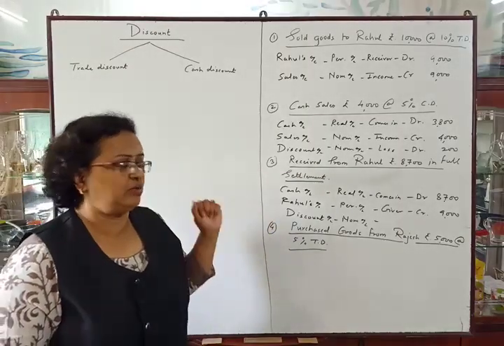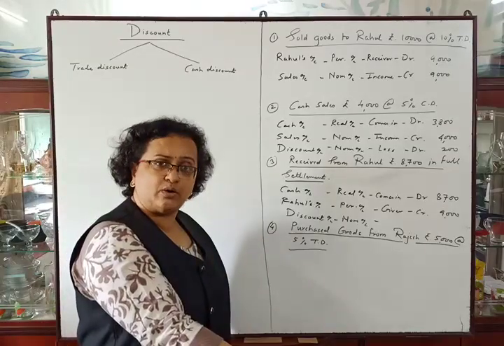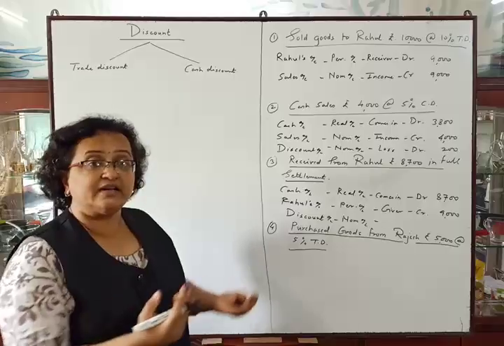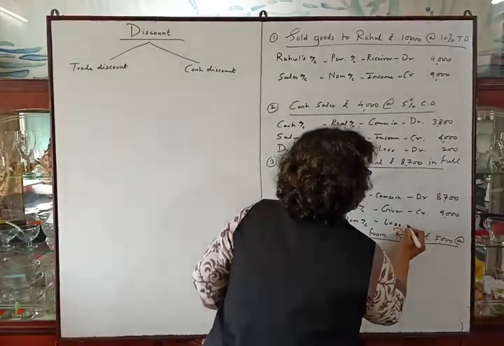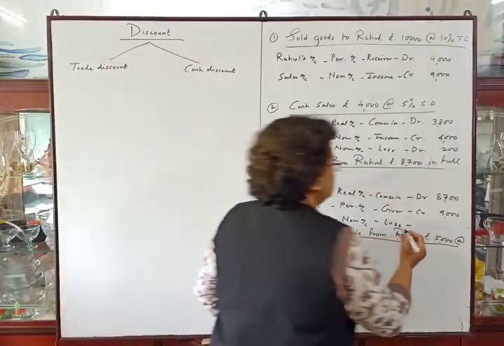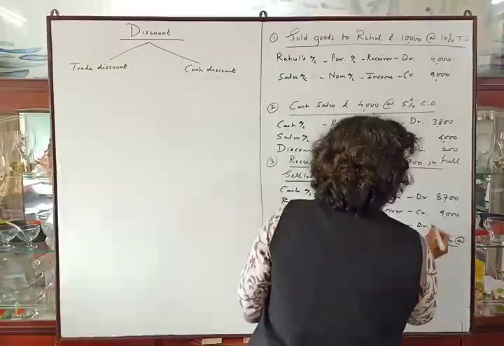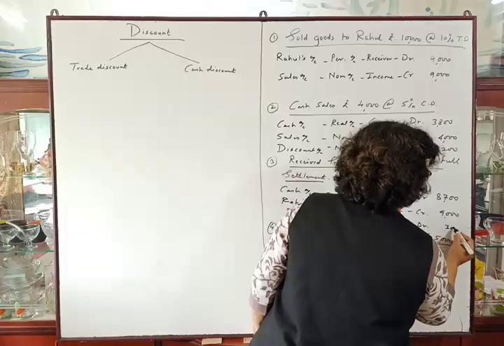Now discount account is nominal account and we are allowing 300 rupees cash discount to Rahul. This is our loss because we are receiving less amount. So this is our loss. And rule says that debit all expenses and losses. So discount account will be debited in this transaction for the amount of discount, which is rupees 300.